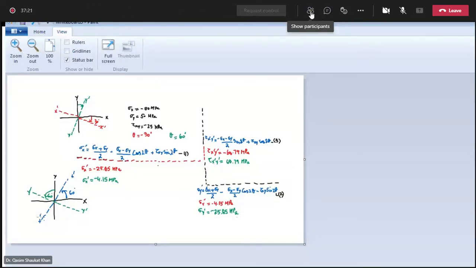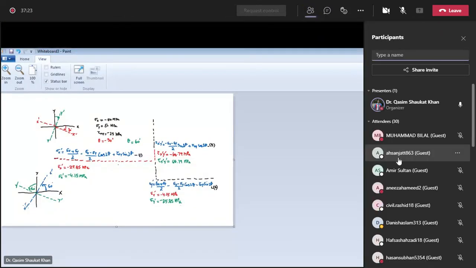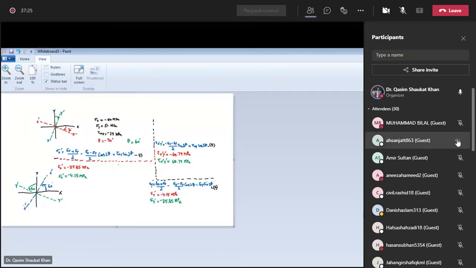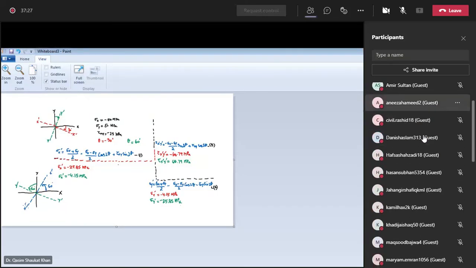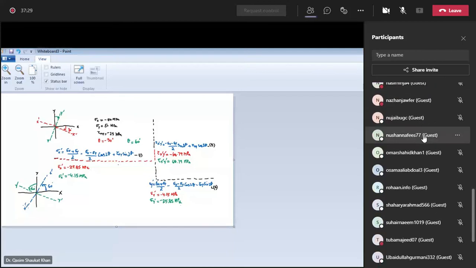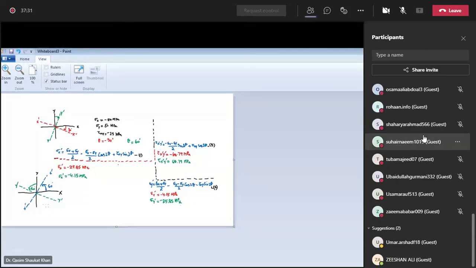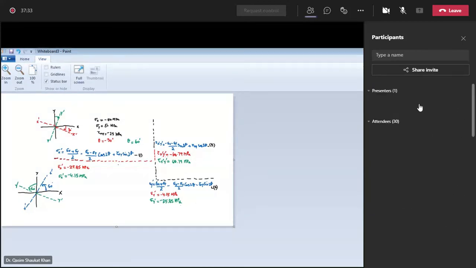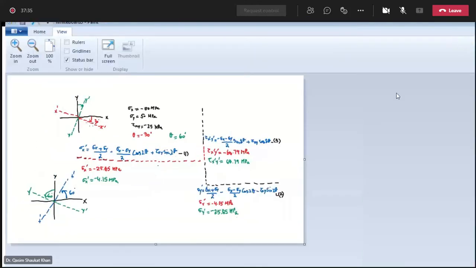Clear? The other thing is the shear stress. In the first case, the x-axis was oriented at minus 30. In the second case, it was oriented at 60 degrees. So the combined difference is 60 minus 30, so it is 90 degrees.